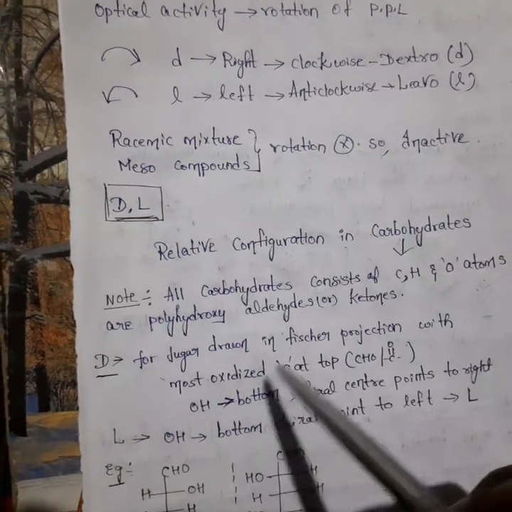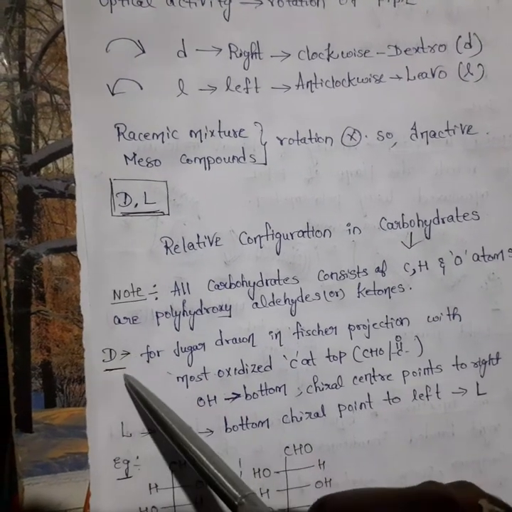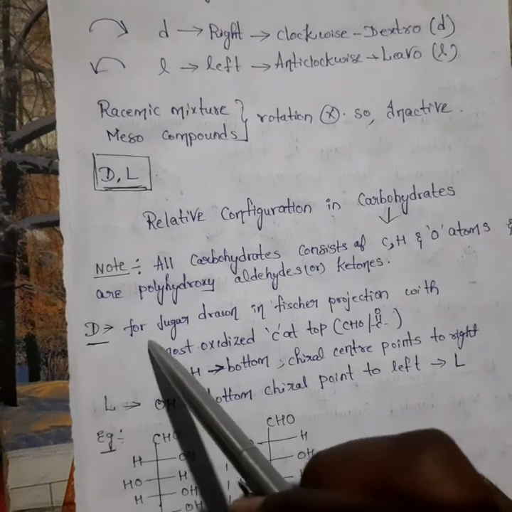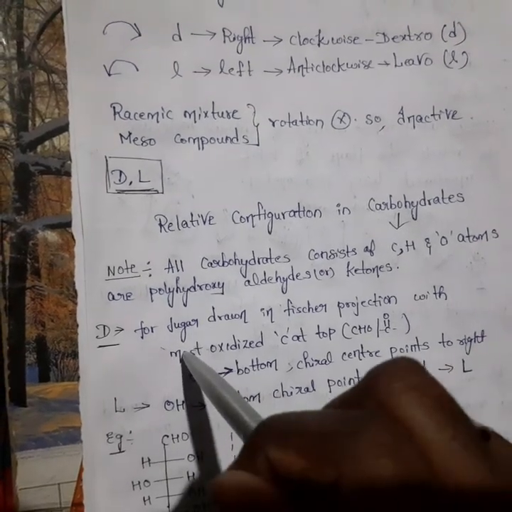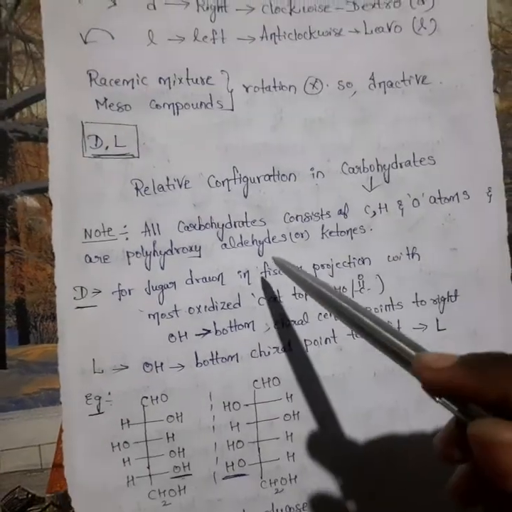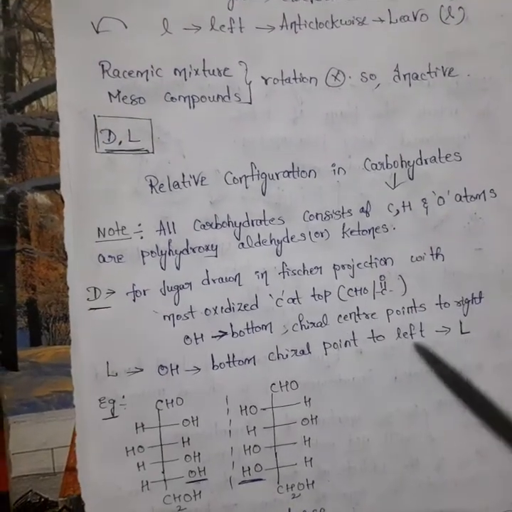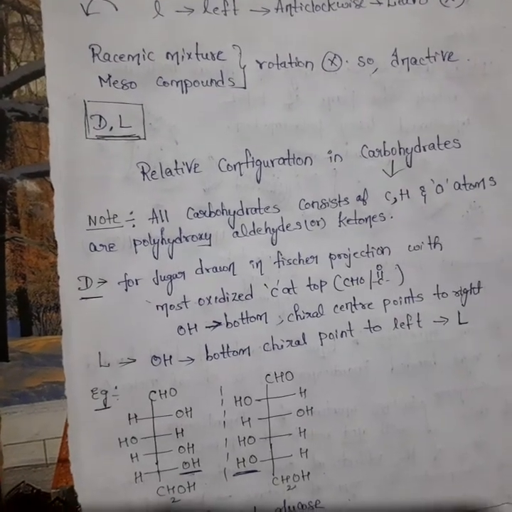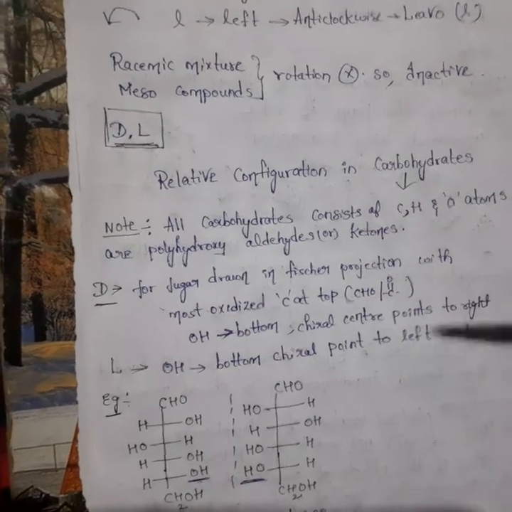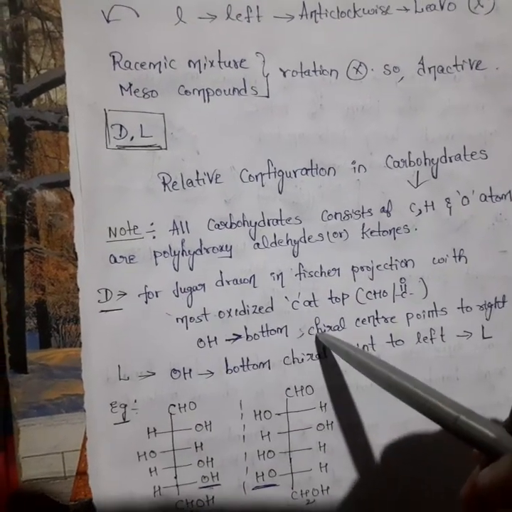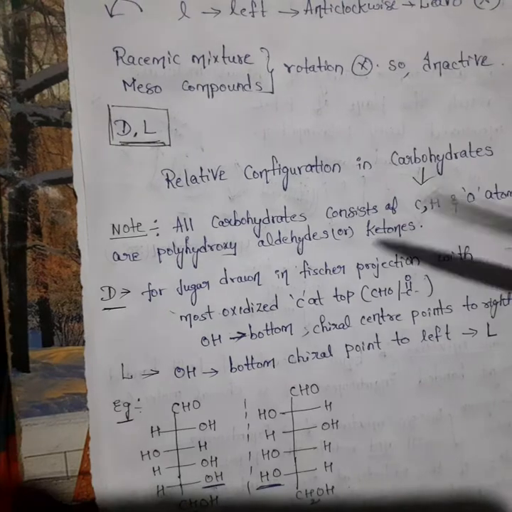Okay, let us enter into our topic, that is capital D. Means if we take any carbohydrate, for example any sugar, that sugar should be drawn in a Fischer projection. It should be drawn in such a way that the most oxidizable carbon, the carbon containing more oxygen atoms, is at the top.